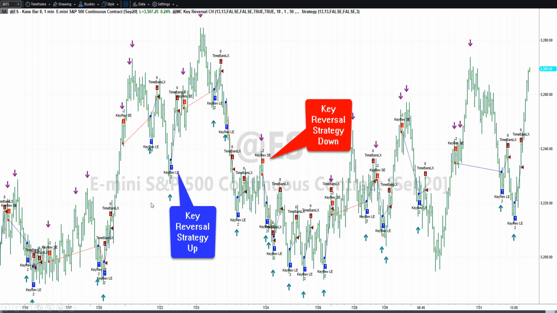It's important to remember here that the inputs for the indicator must match up with the inputs for the strategy, so that the arrows are drawing at appropriate places based on the exact same rules that the strategy has. So it's always important to look at the inputs for the strategy, look at the inputs for the indicator, and make sure all the input switches and all the values for look back are all the same. And that's true for any strategy that you might be testing.